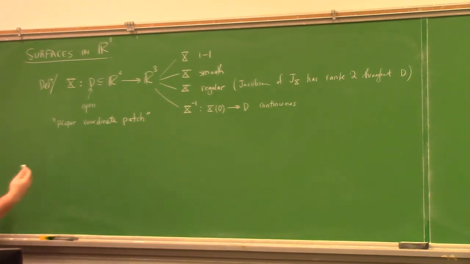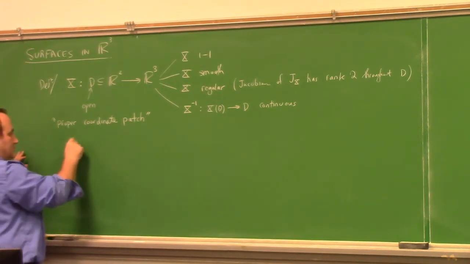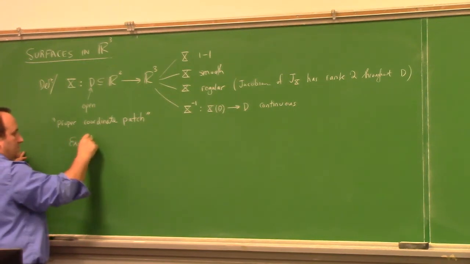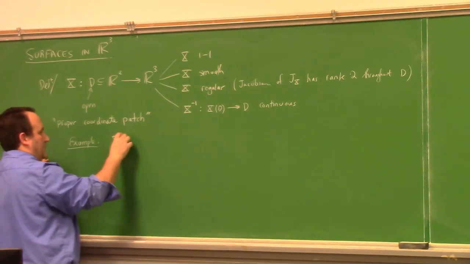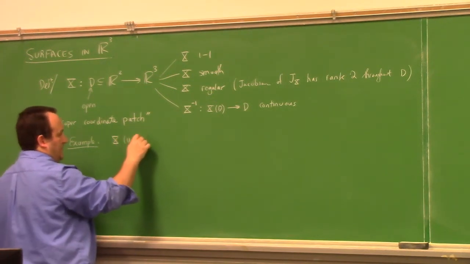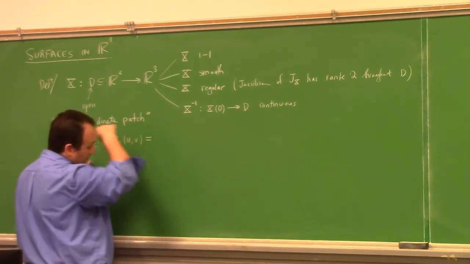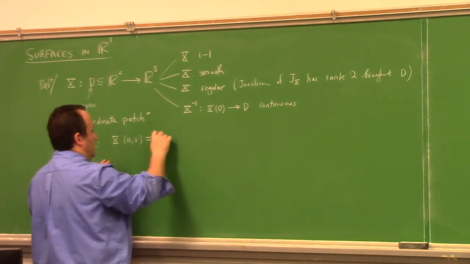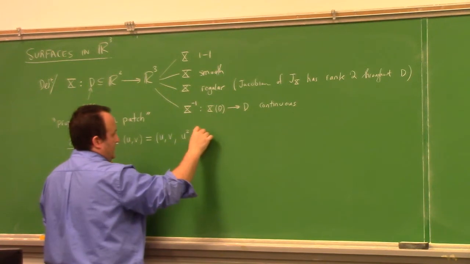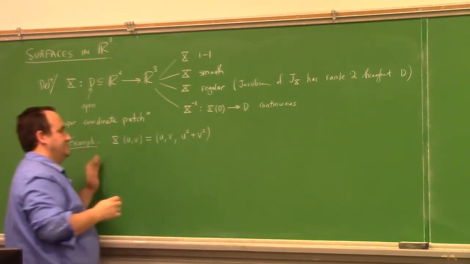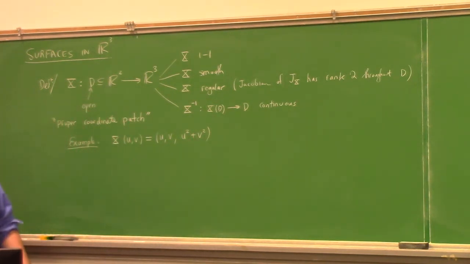Okay, so yeah, let's give an example. So we could have X of uv equal to, let's say, uv, u squared plus v squared, all right? And what do you want to make the D?